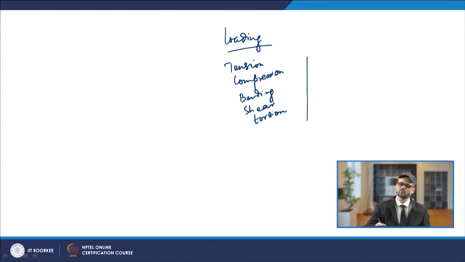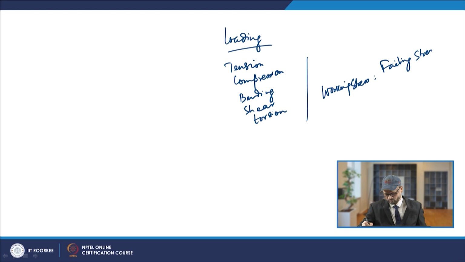What we normally do is define the working stress or allowable stress, and for that we define a term known as factor of safety. You will have a failing stress, and that will be divided by the factor of safety. That is the safety factor.